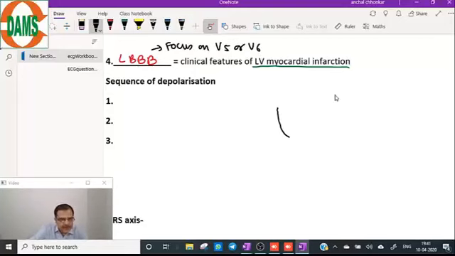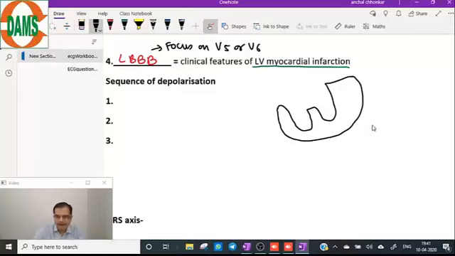Obviously, left side pathology, focus on that side. So let's make the diagram. V5 or V6.